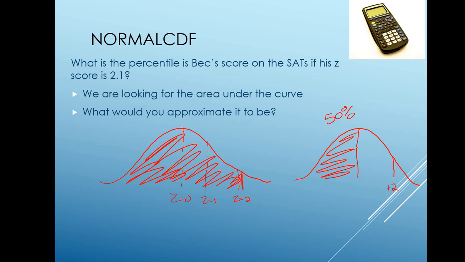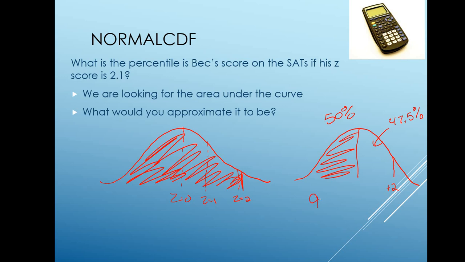So the above half, if we're plus or minus 2, we're 95%. So this is going to be whatever the 95% divided by 2, which is 47.5%.